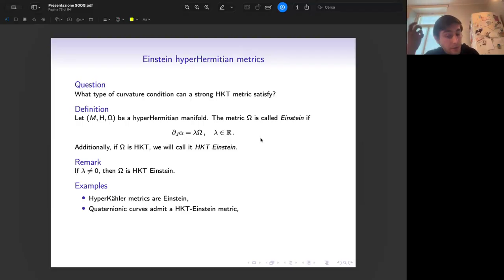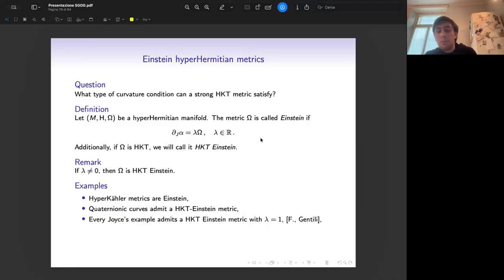Actually, up to conformal equivalence, quaternionic curves are just three: four-dimensional tori, K3 surfaces, which are hyperkähler, and the third example are quaternionic Hopf surfaces, which provide an example of non-hyperkähler HKT Einstein metric, which is in particular strong HKT.